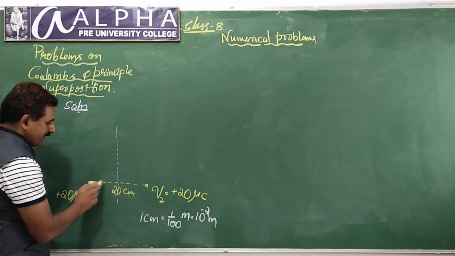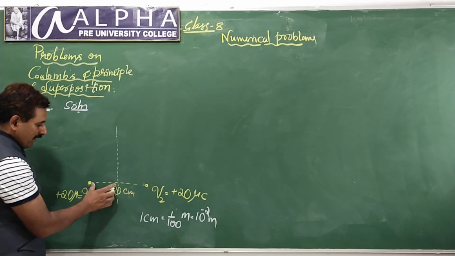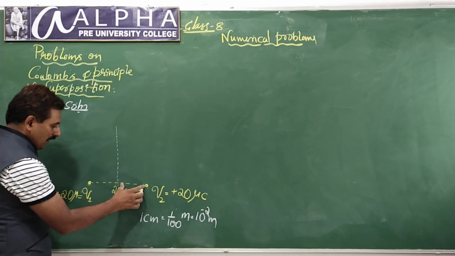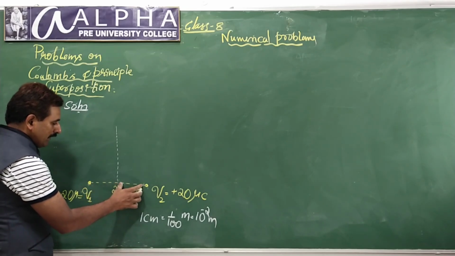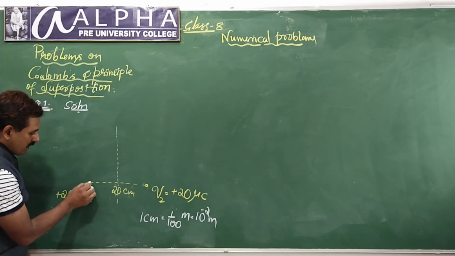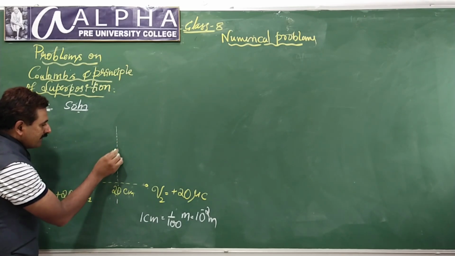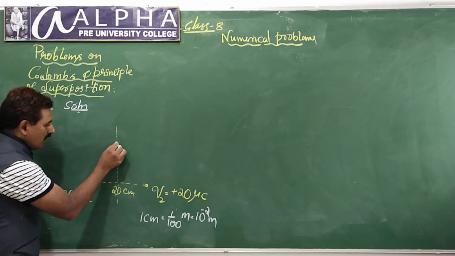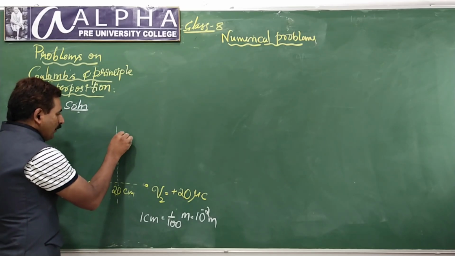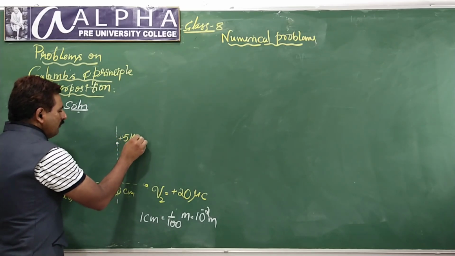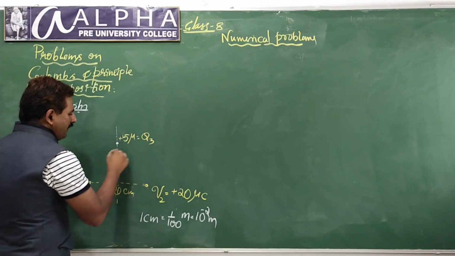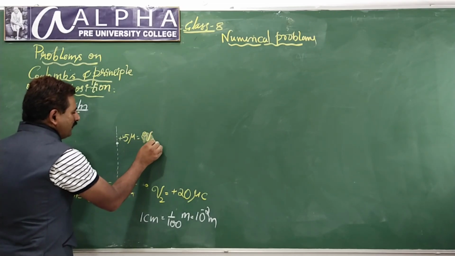Bisecting means divides it equally, half, 10. Now, you measure 20 centimeter from here along this, somewhere here. I put the charge plus 5 microcoulomb.